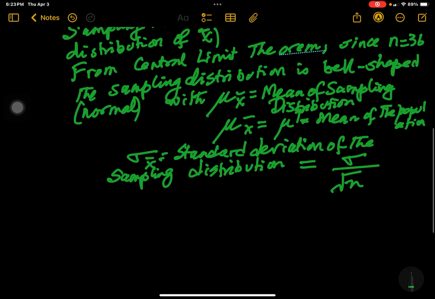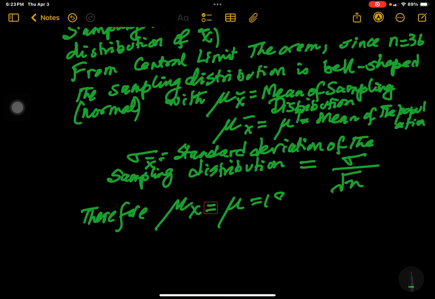So, therefore, mu x bar is equal to 18 gram. That is claimed by the manufacturer. And sigma x bar, which is the standard deviation of the sampling distribution of x bar, is sigma divided by square root of n.